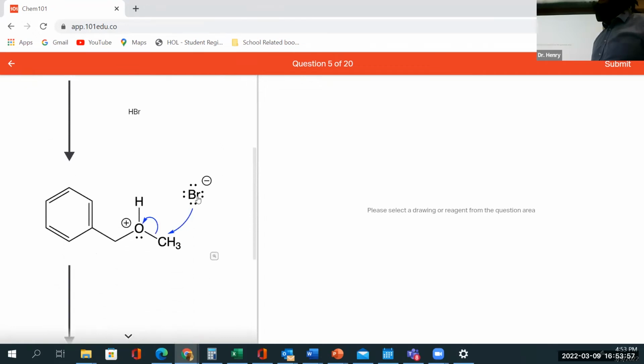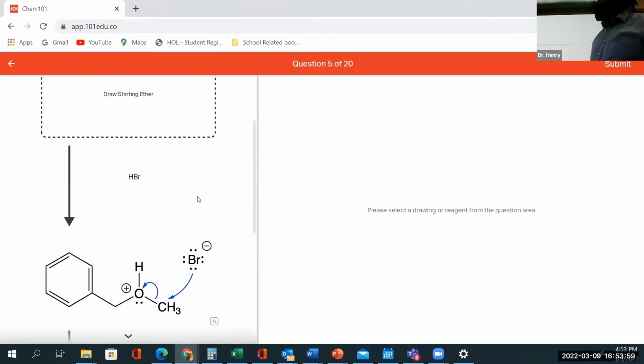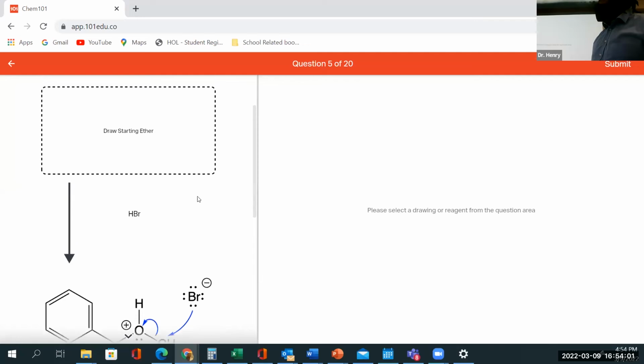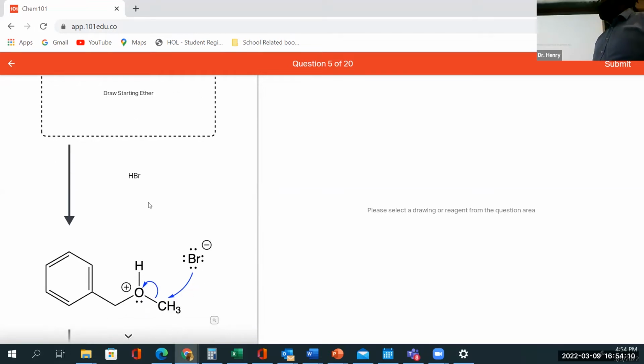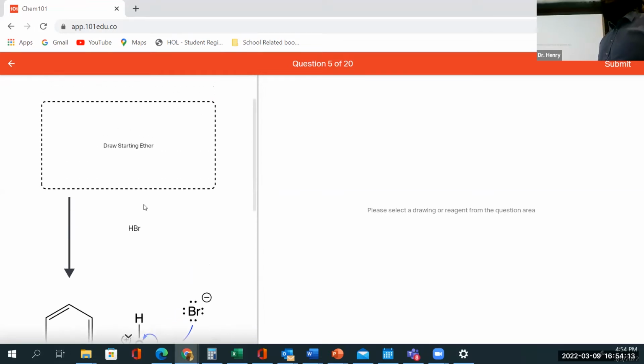Okay, so this is our intermediate. They want us to figure out what our reactant is. What are we starting out with? Starting ether. So obviously we know that it's an ether. So what is going to be our starting ether?